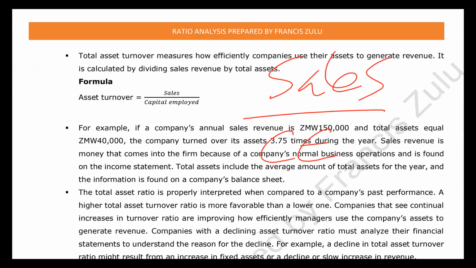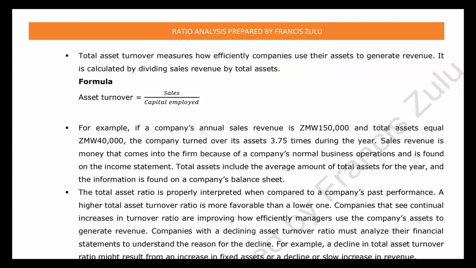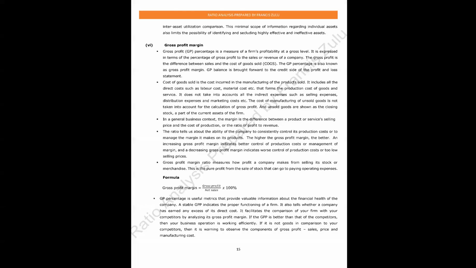So a company that has an asset turnover of about 3.75 times during the year simply means that the company made sales revenue of about 150,000 and the total assets were equal to 40. Okay. So that is what is there. So capital employed shall be divided into sales, then you can have the asset turnover.